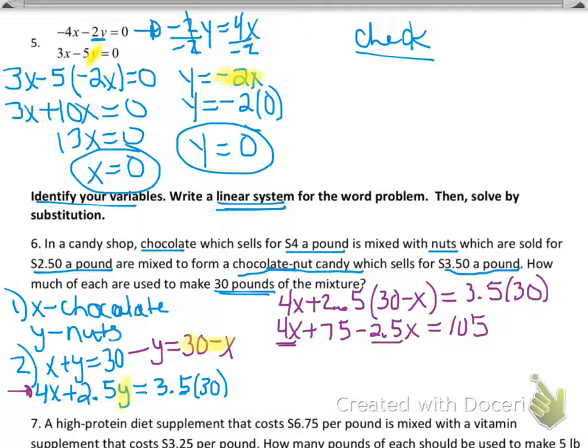Combine your x's. That is 1.5x. Subtract 75 on both sides. So that is 30. Divide by 1.5.